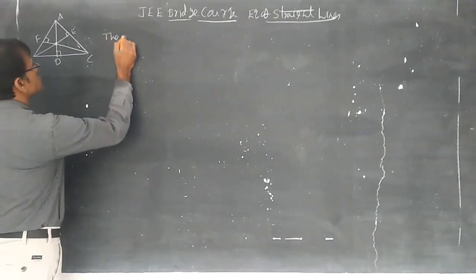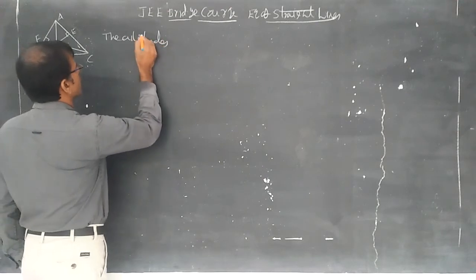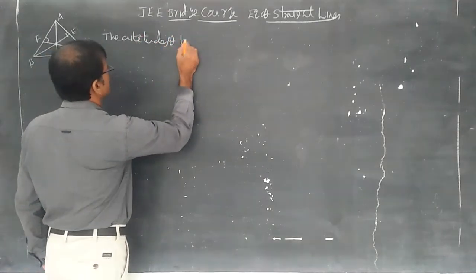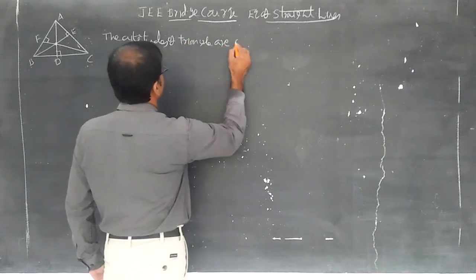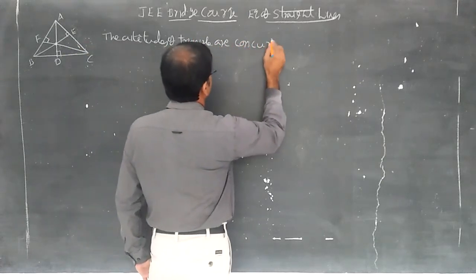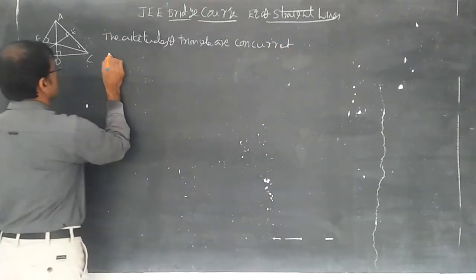The altitudes of a triangle are concurrent.